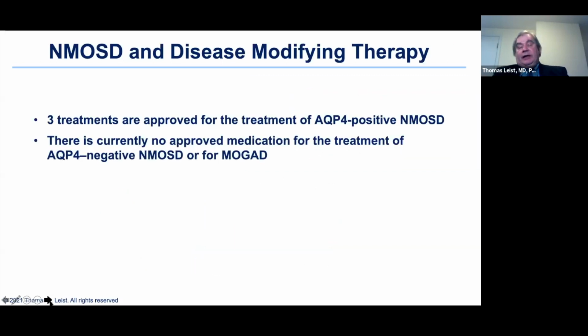Which one is the right medication is obviously going to be a discussion on an individual basis, but it's also important to note that while we have 3 treatments for patients that are aquaporin positive, for the patients that are aquaporin 4 antibody negative, NMO IgG antibody negative, we don't have approved treatments at this point in time.